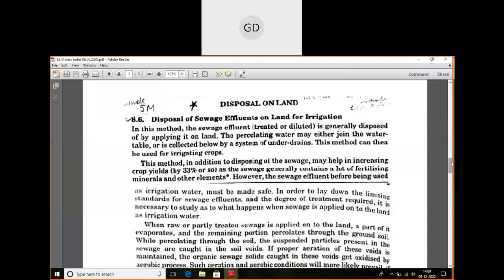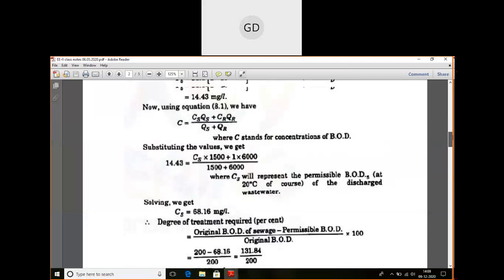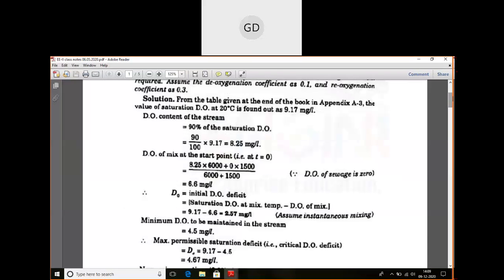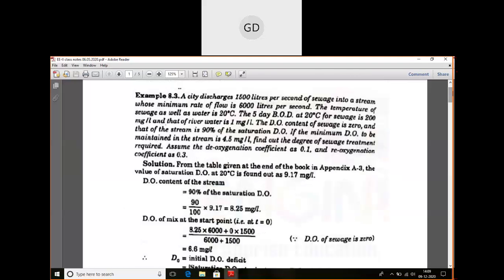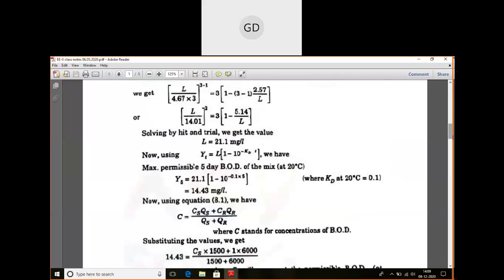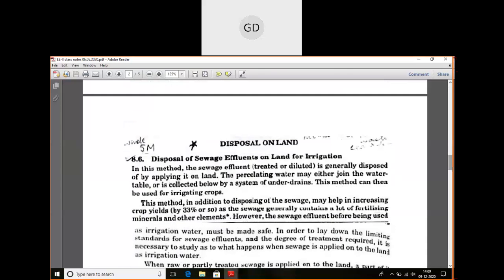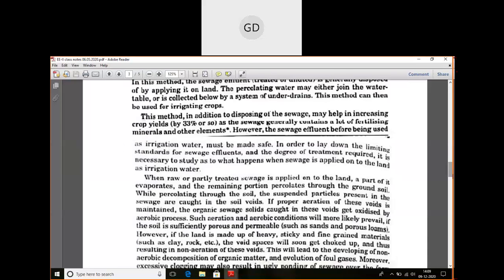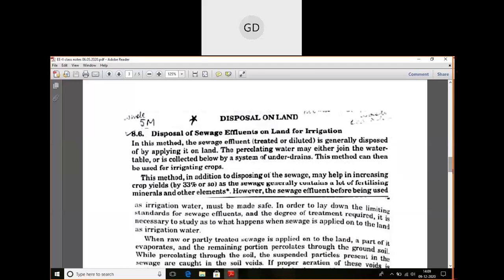Okay, so up to the last class we have done the numerical of BOD of the sewage mixture. So today we will be doing disposal on land. Disposal by dilution we have already studied. There were two processes: one is disposal by dilution and the other is disposal on land.